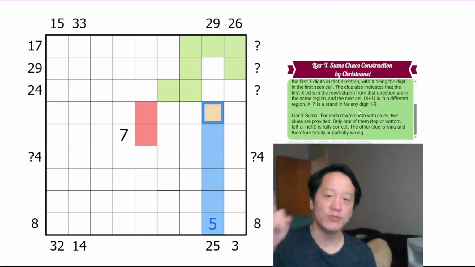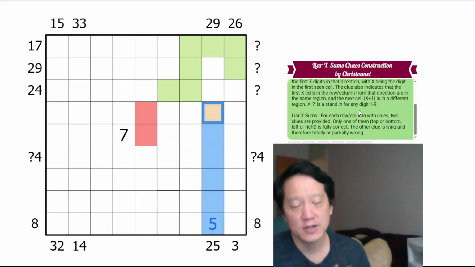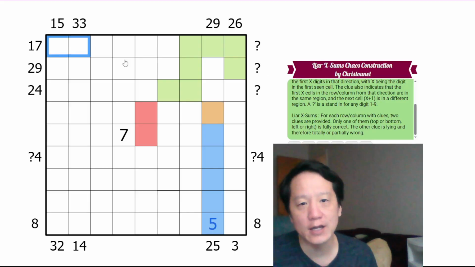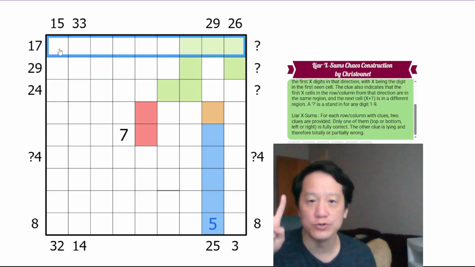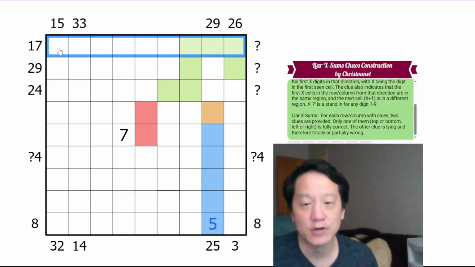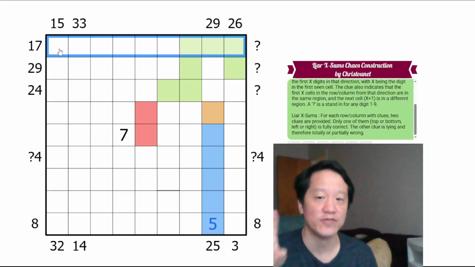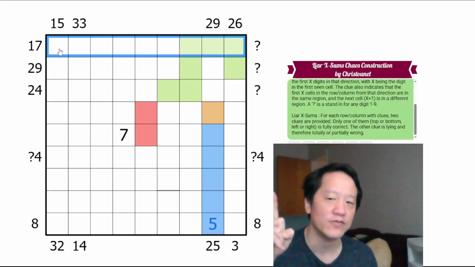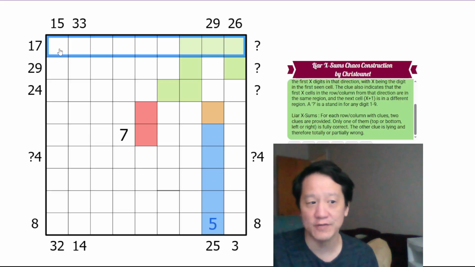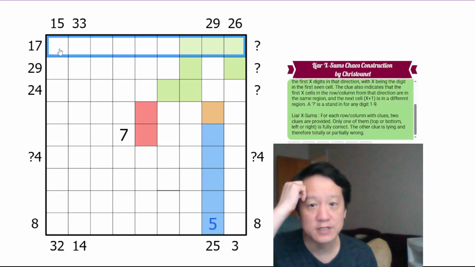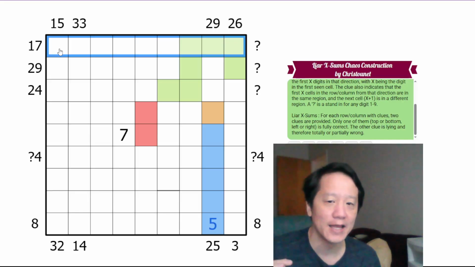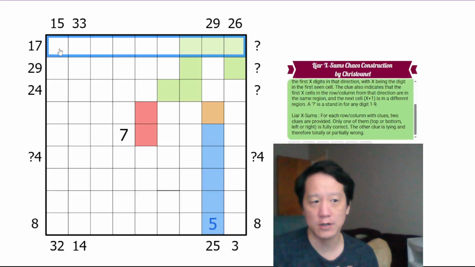And finally, we have liar X sums, where for each row and column with clues, 2 clues are provided. Only one of them, the top or bottom, or the left or right one, is fully correct. The other clue is lying and therefore totally or partially wrong.